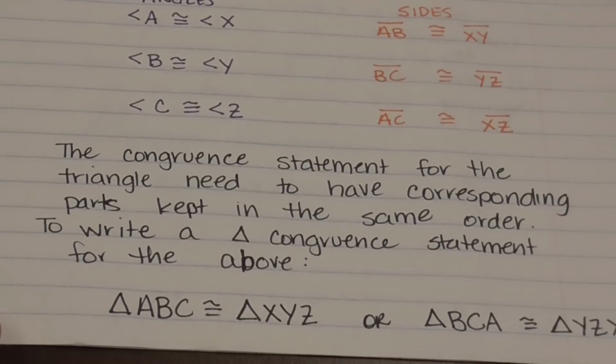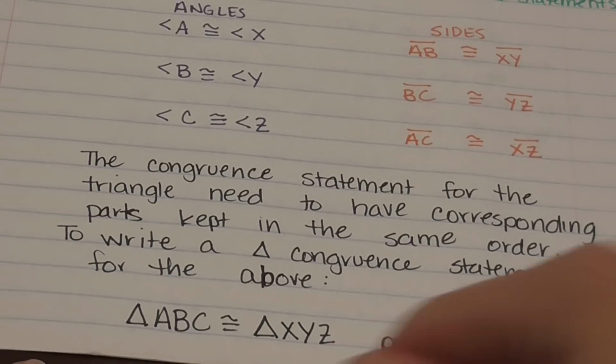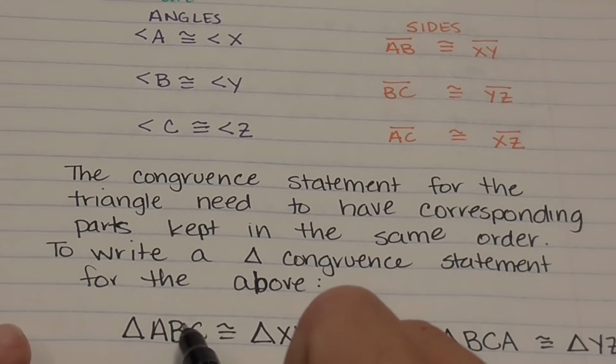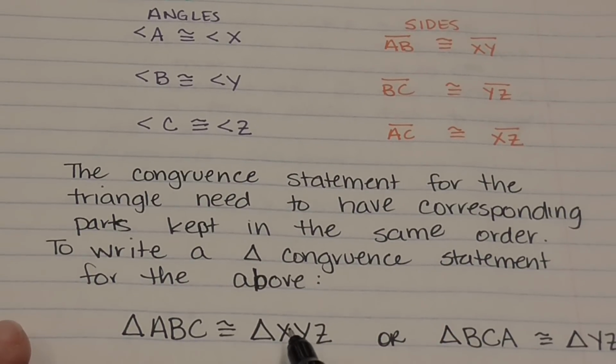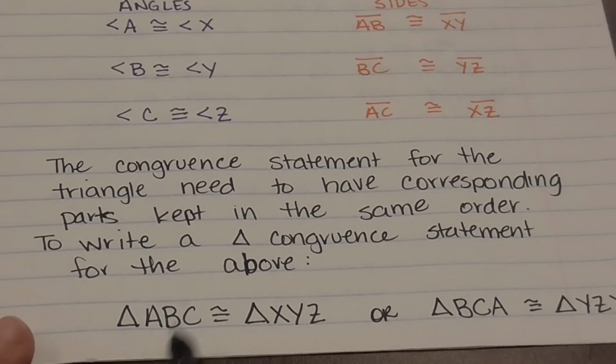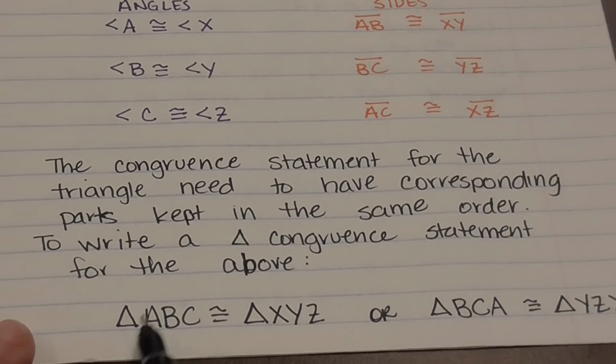Also, you can see that segment AB goes with XY, segment BC with YZ, segment AC on the outside edge goes with XZ. Now there's not a wrong or right way to start how you put the order for this one.